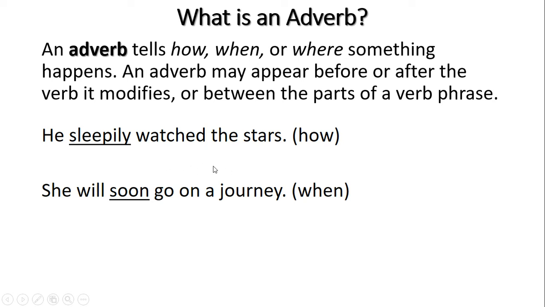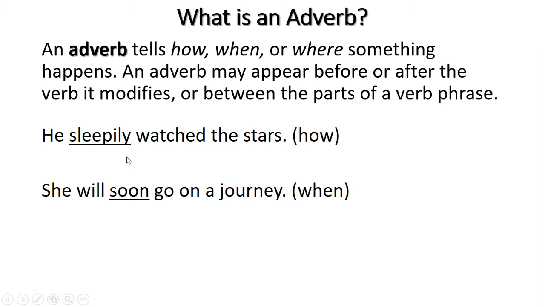But also notice the adverb in this situation is actually between my verb phrase. Because here it says, sometimes adverbs can be found between the parts of the verb phrase. I have a future tense verb right here. She will go. Will go is my verb phrase. And so the adverb actually is found in between the verb phrase.